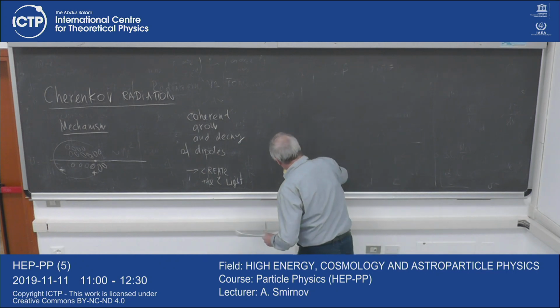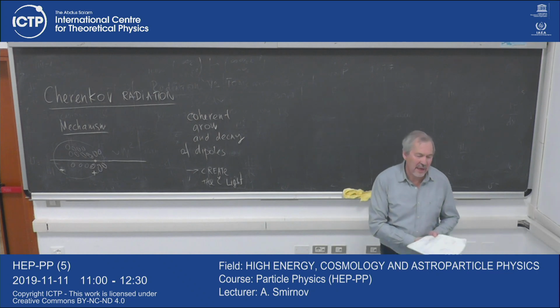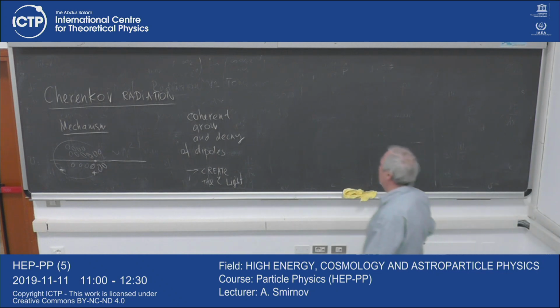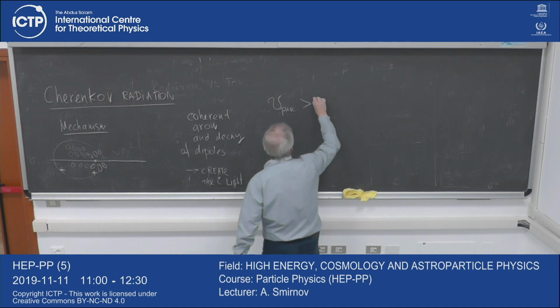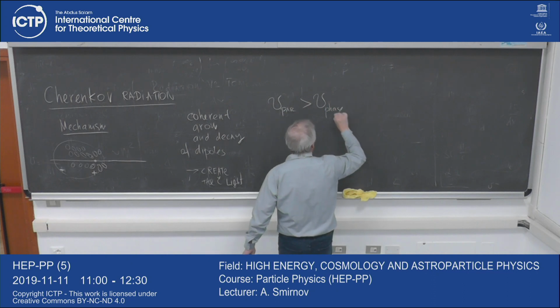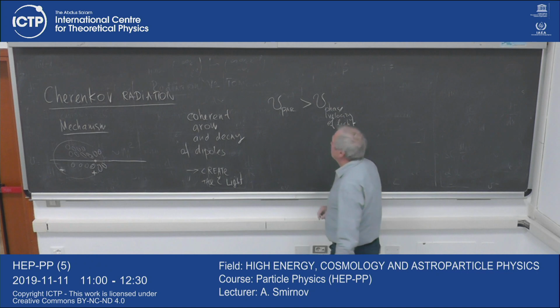Now, not only this is important. What is important is that Cherenkov light, as we call it, is emitted when the particle is moving with a velocity which is bigger than the phase velocity of light in the medium.